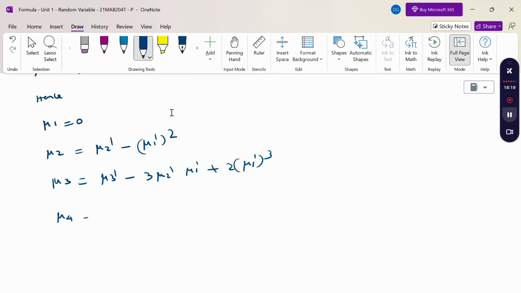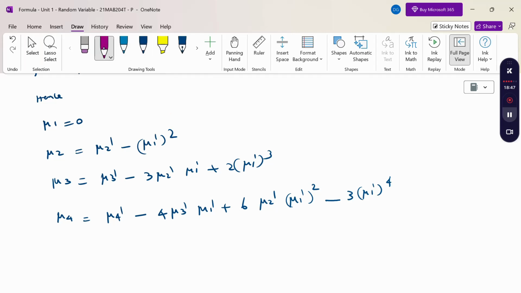Then mu 4 equal to mu 4 dash minus 4 mu 3 dash mu 1 dash plus 6 into mu 2 dash mu 1 dash square minus 3 into mu 1 dash power 4. These are the relationships between the moments about the origin and moments about the mean.